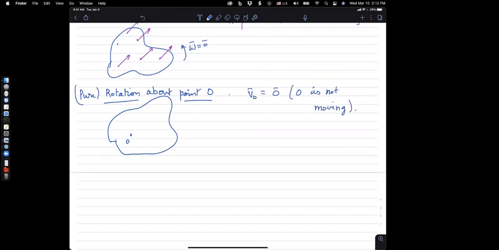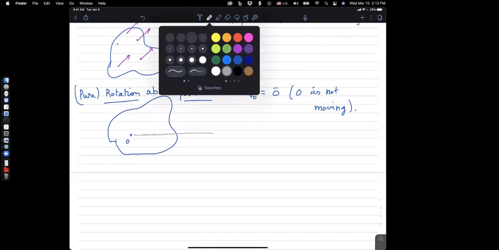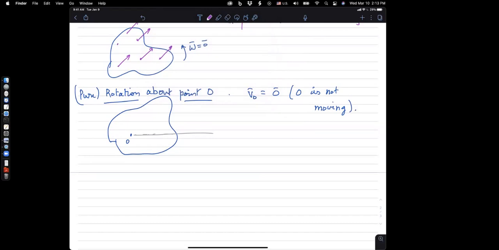Okay. And then what does it say about the velocity of any other point? Let's take this line, let's say. We have some omega not equal to 0, right?